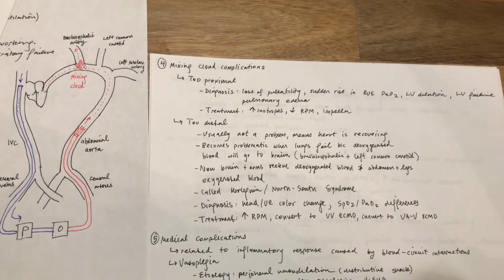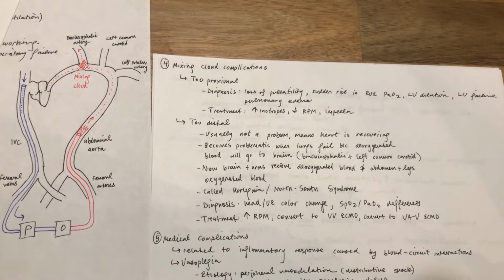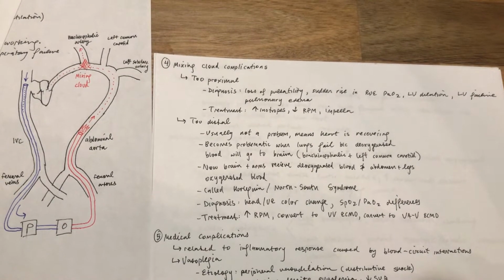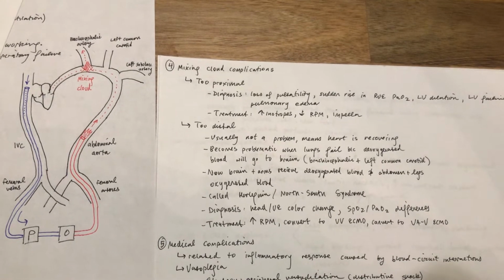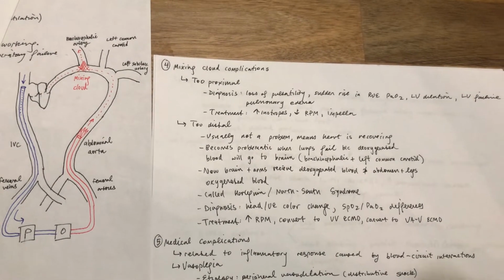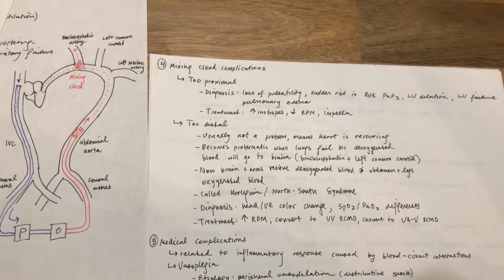You might also see LV dilation, LV failure, worsening pulmonary edema. And this could be for multiple reasons. Maybe the ECMO flows are too high, or maybe the heart is failing.